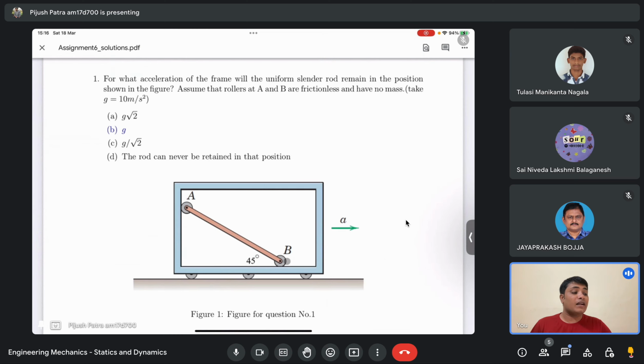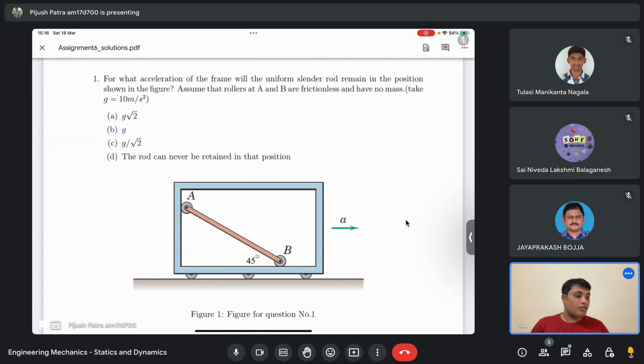The question is at what acceleration the frame should move so that the roller will rest with the frame in that position only. That means when theta equals 45 degrees, this slender rod with the roller will not move at all.